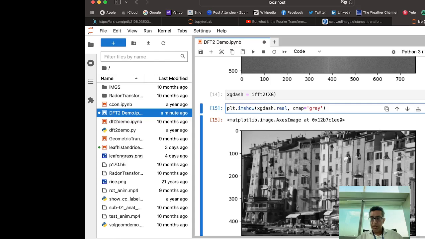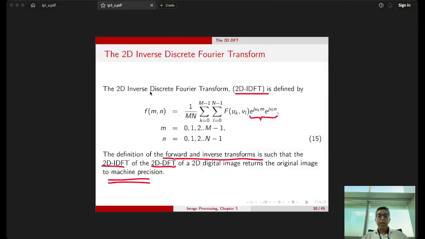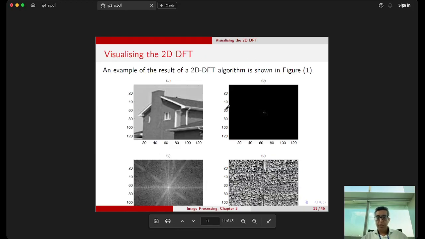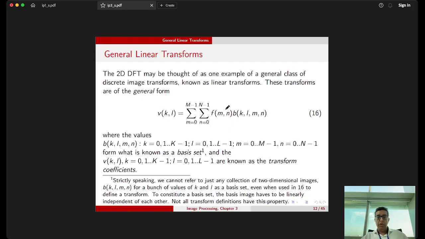Okay, that's it for our little demonstration. Next we're going to move on to look at how to interpret this horrible looking calculation here. It's just some other Fourier transform results.